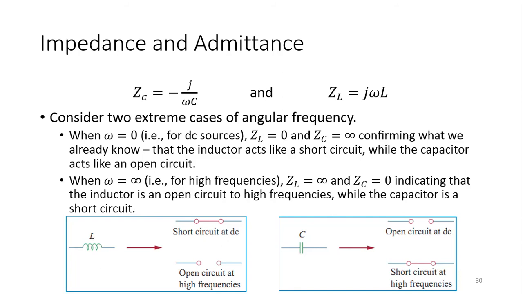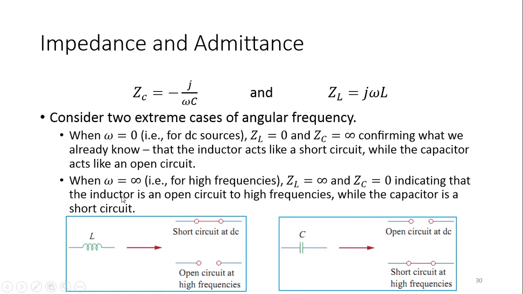So this shows that for a pure DC input signal, when the angular frequency is 0, the capacitor would act as an open circuit and the inductor would act as a short circuit. This is shown here. The inductor will act as a short circuit at DC, and the capacitor will act as an open circuit for DC.